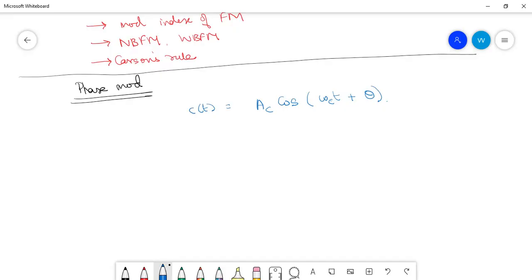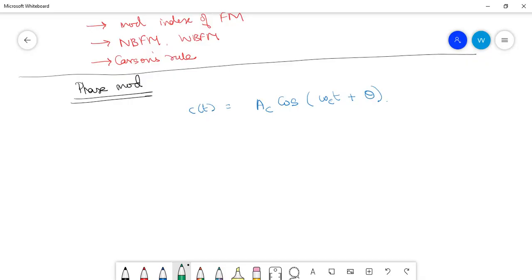Just like in amplitude modulation the modulating signal changed the amplitude of the carrier, here we would be changing the angle of the carrier, and for phase modulation, we change the phase of the carrier.